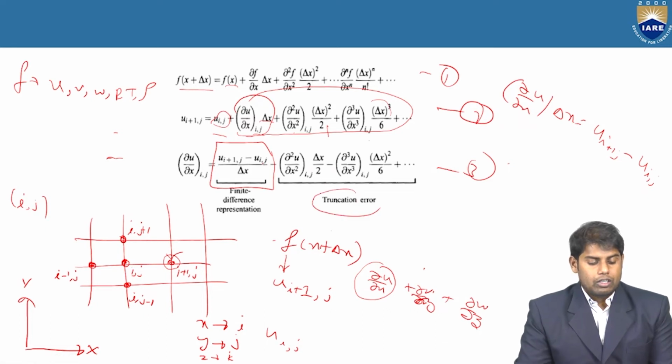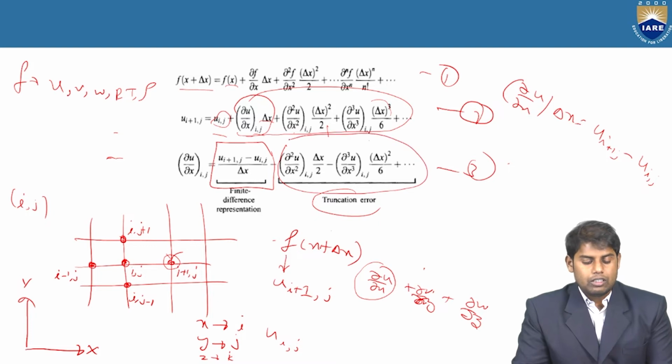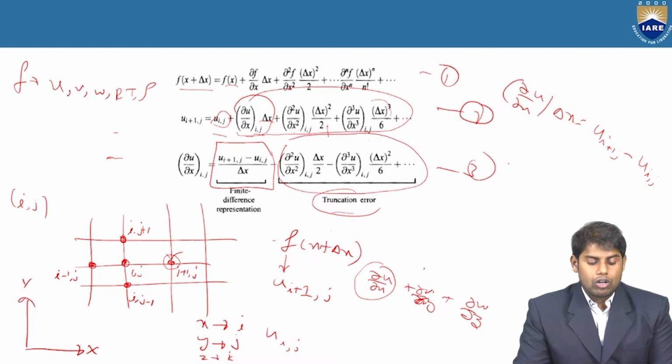If we want to find dou u by dou x, using the Taylor series expansion we shift the terms to the other side. That gives u of i plus 1 comma j minus u of i comma j divided by delta x. When you divide by delta x, the delta x square term becomes delta x, and the delta x cube term becomes delta x square by 6. If you neglect these terms, this is called the truncation error, and the order of accuracy is first order in space.